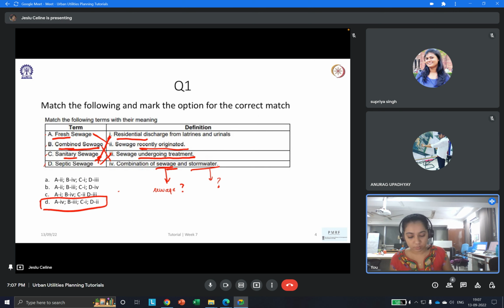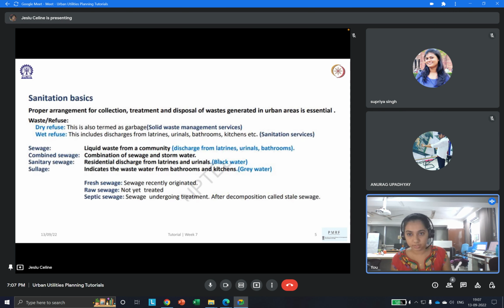This is what we learned in our lectures also. I've just put it here. Sewage, as Anurag rightly said, is liquid waste from any community. We've just discussed what is combined sewage and what is sanitary sewage. Then there's something called sullage also, which is the wastewater from bathrooms and kitchens, which we also call grey water.